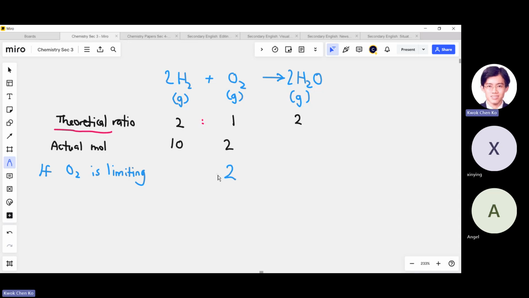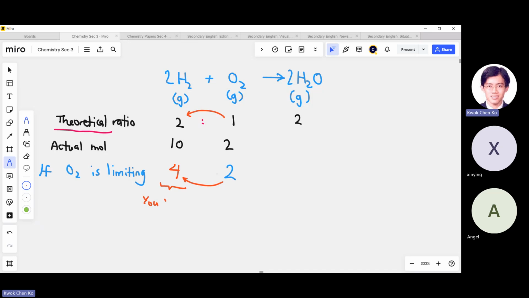How much H2 do I need here? Okay, try to follow. Just now, by theory, is 1 is to 2. So 2 is to 4. Now look at my actual amount. Do I have 4? No, I have more than 4.